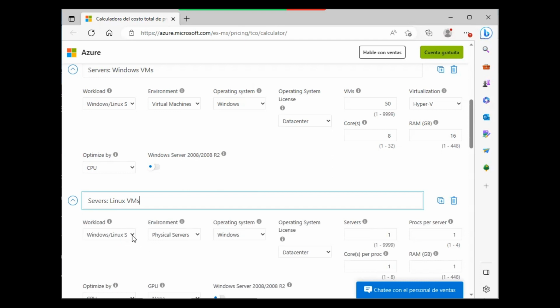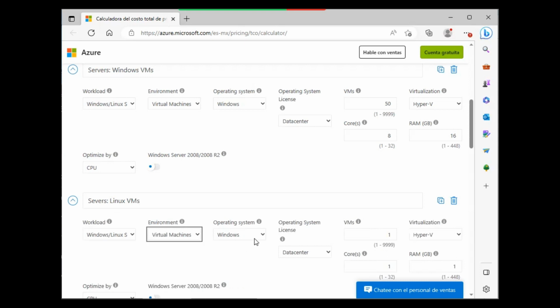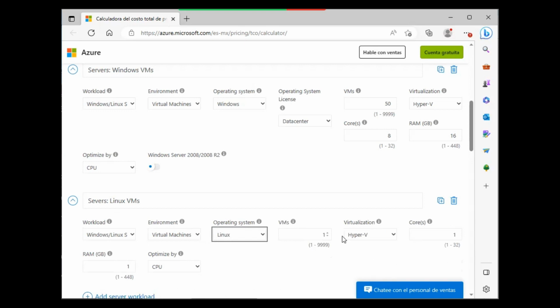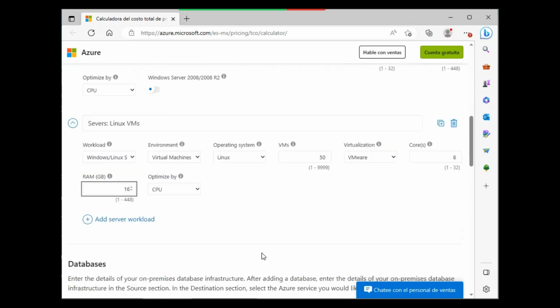In environment, virtual machines. In operating system, Linux. In VMs, 50. In virtualization, VMware. In cores, 8. In RAM, 16. Optimized by CPU.